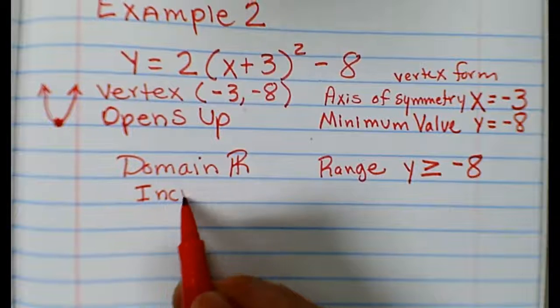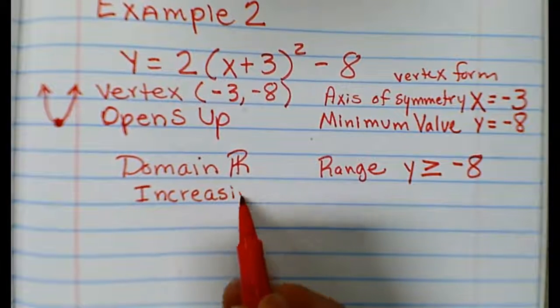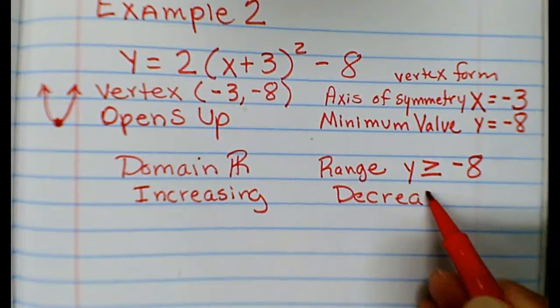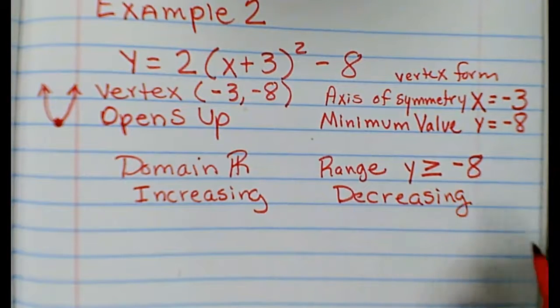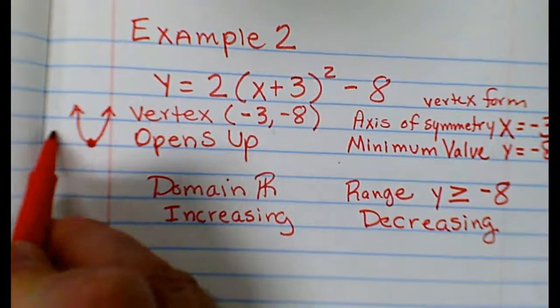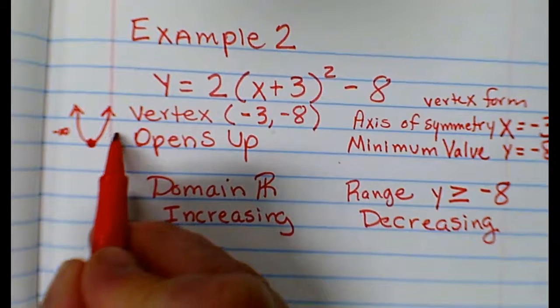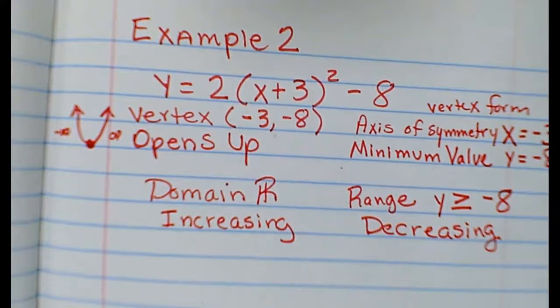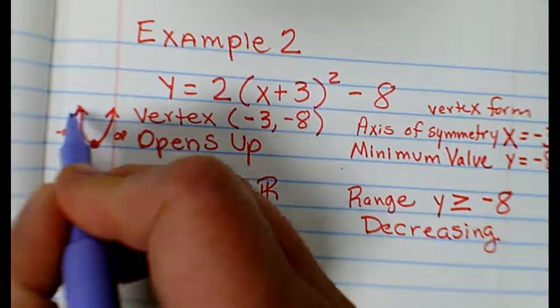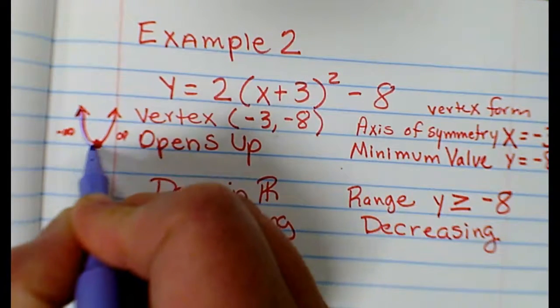Where is it increasing? Where is it decreasing? And to answer the question that was asked previously, this side is -infinity and this side is +infinity. So what does it start doing here on this side? Decreasing.